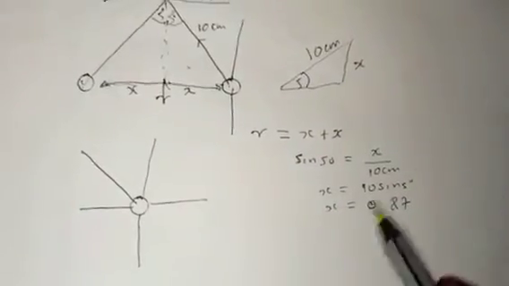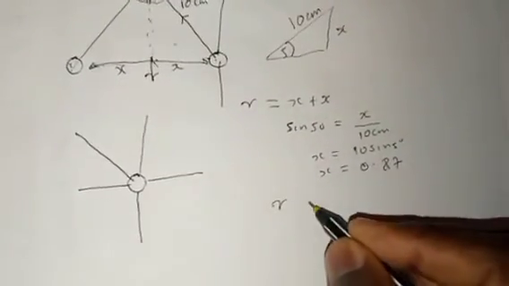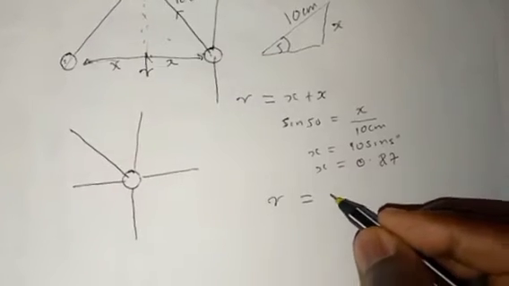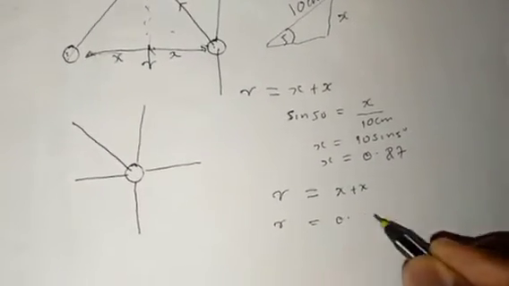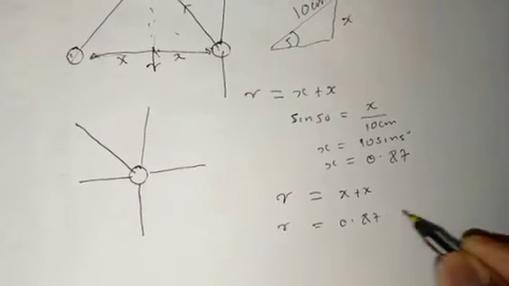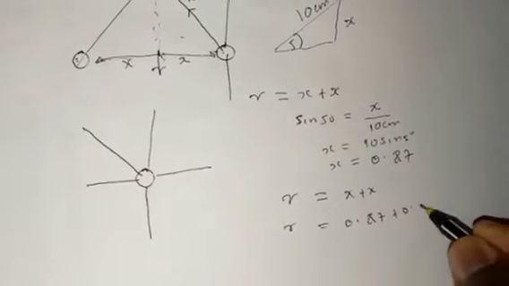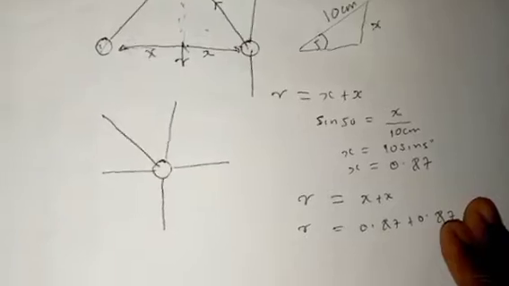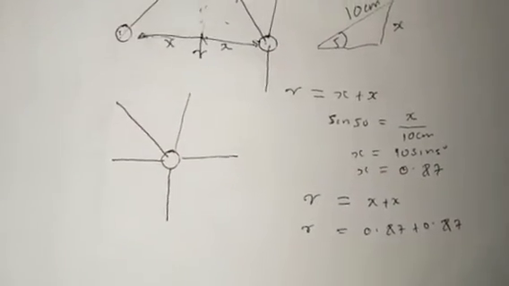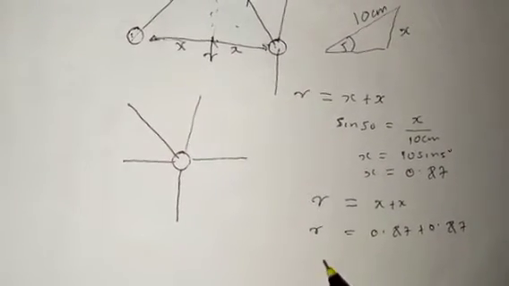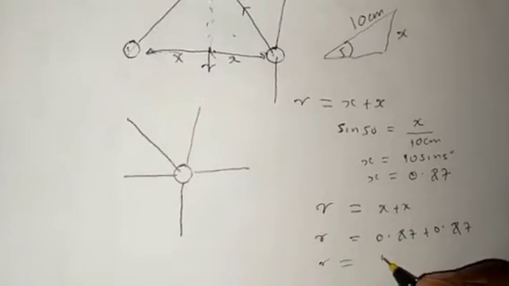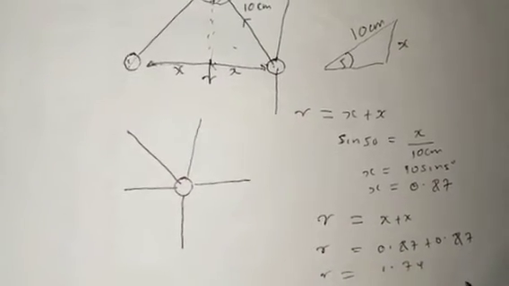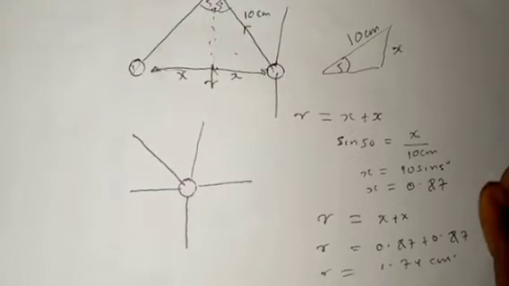Now for me to find the entire value of r, r has to be equal to x plus x, whereby r is going to be equal to 0.87 plus 0.87. Now remember this is in centimeters, so whenever you add these two, you're going to get 1.74 centimeters.